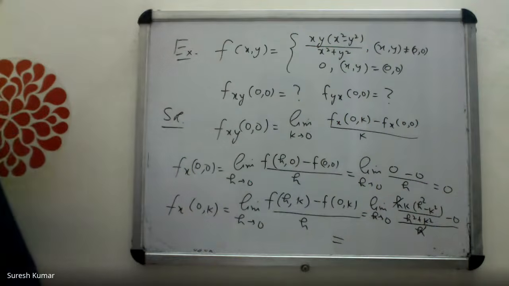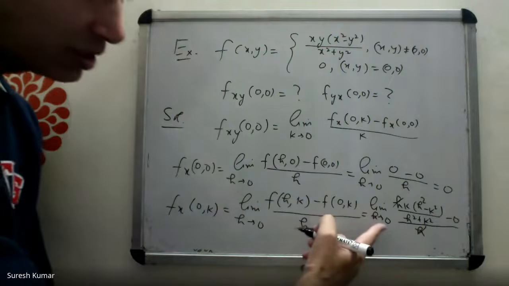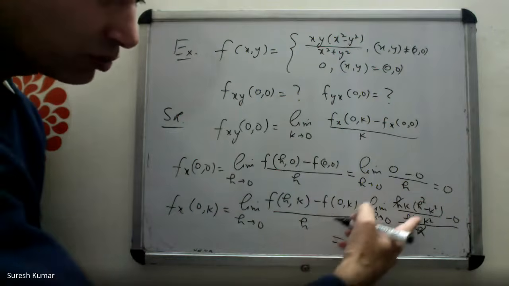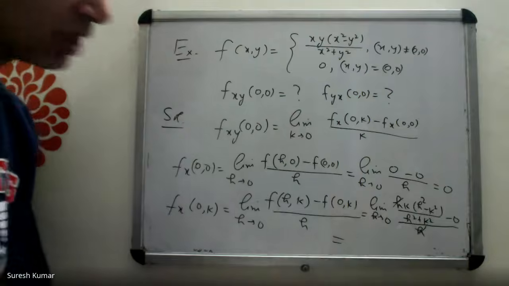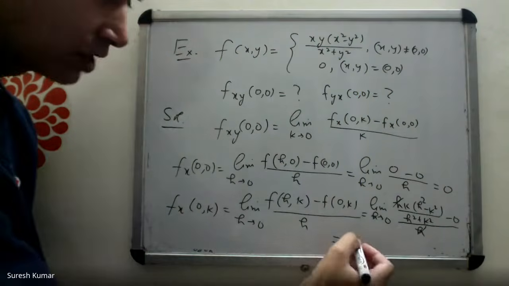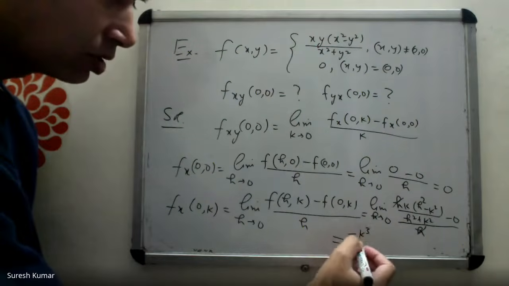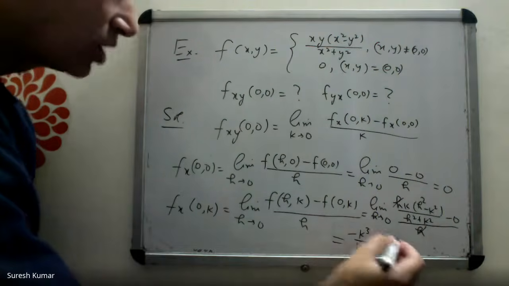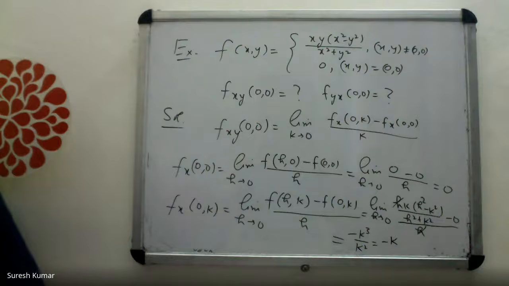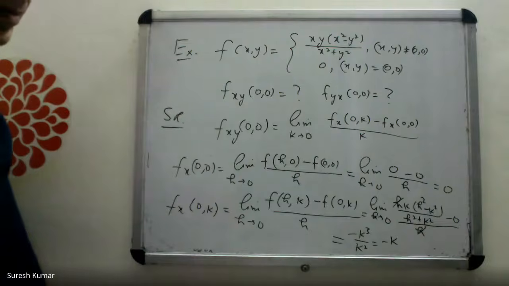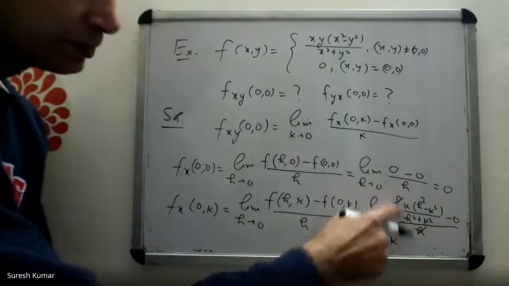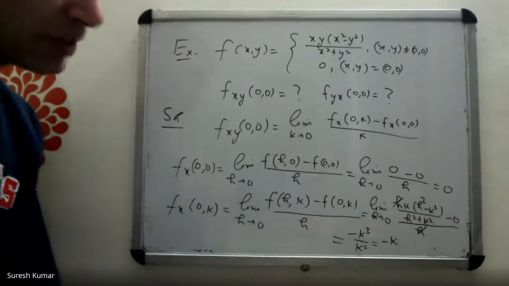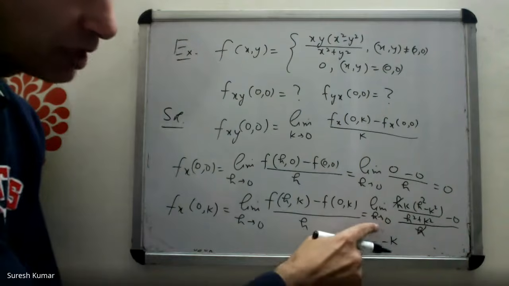H is cancelled and h is going to 0 further. So what is left in the numerator? Minus k cube and denominator k square. So it is minus k. Am I right? It is minus k. After h is cancelled, you apply the limit h going to 0.